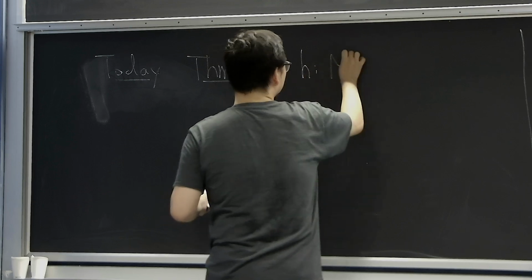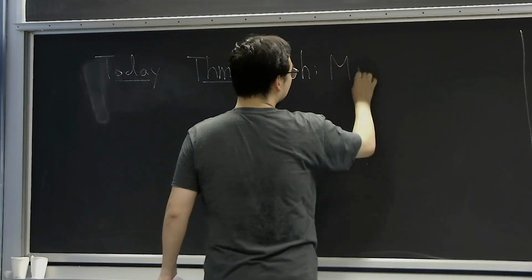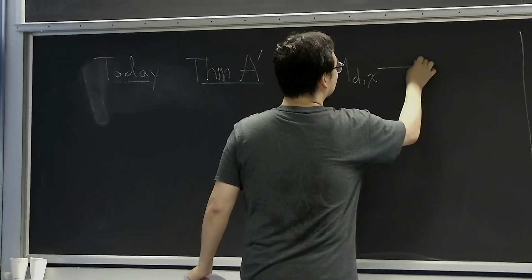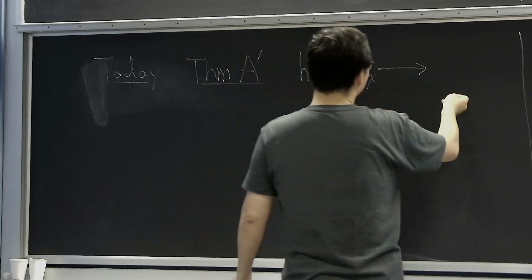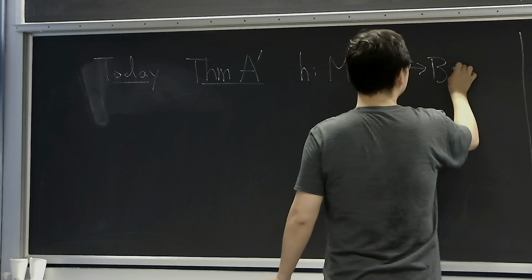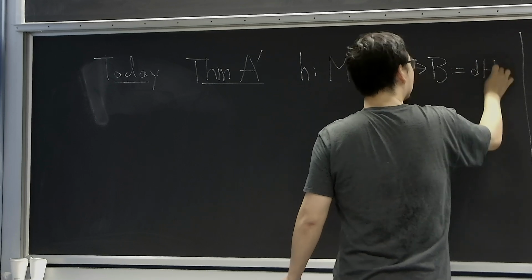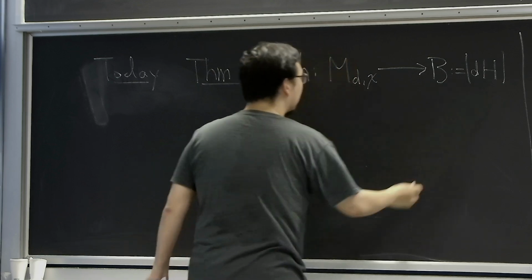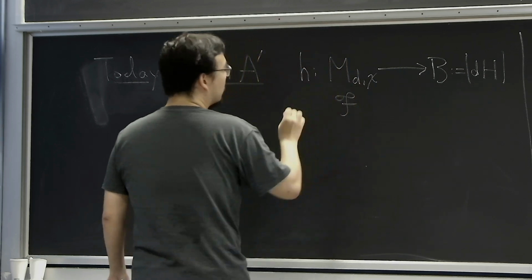If we consider this M_{d,chi}, the moduli space of one-dimensional sheaves, it admits a fibration over some base B, which is the full linear system of degree d curves on P2. So this is a huge projective space. And the map is basically remembering where the sheaf is supported.